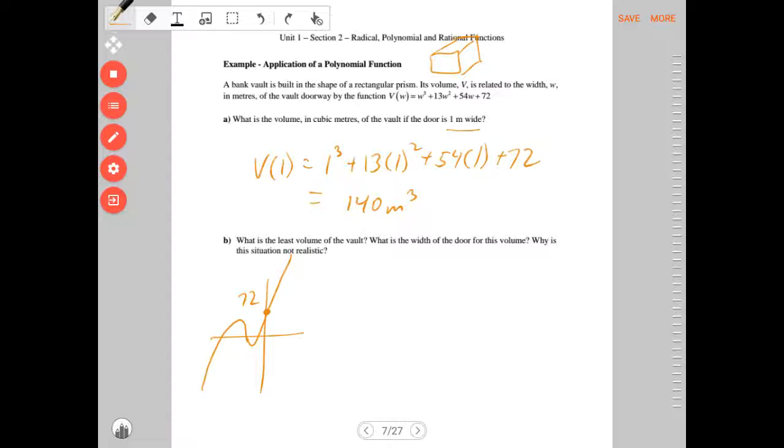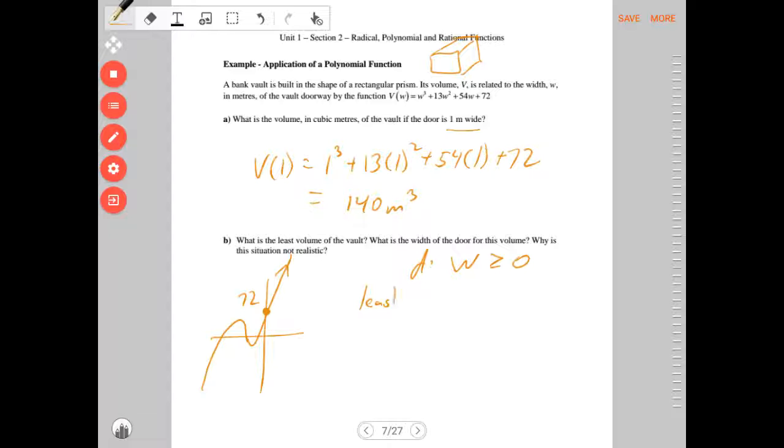That's not possible. So really our domain on this is W is bigger than or equal to 0. That's the official domain because I guess you could have a doorway of 0.2 centimeters, but that's not realistic. So right here at 72, that does exist. That's going to be the least volume because all the volumes go higher after that.